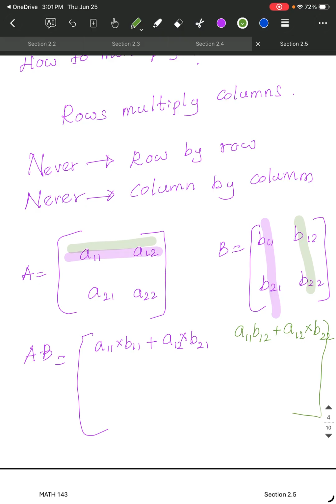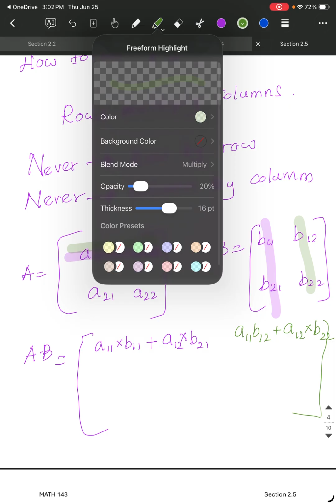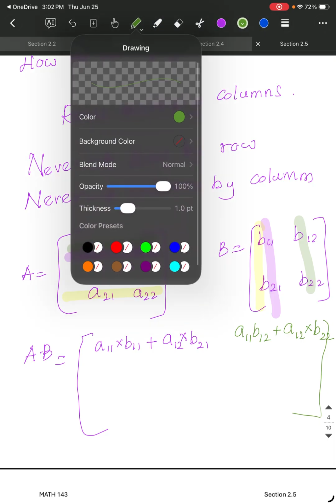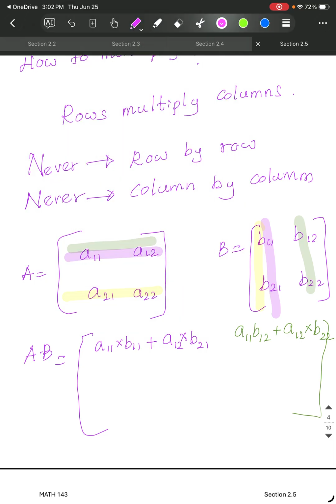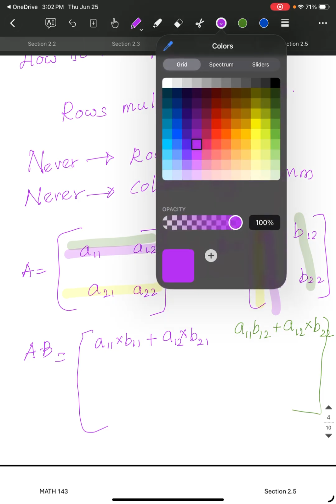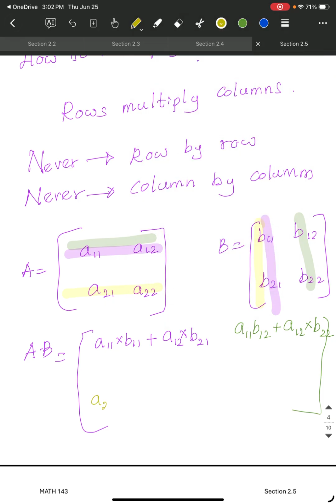Next, to get the second row, first entry of A times B, we multiply the second row by the first column: A21 times B11 plus A22 times B21.